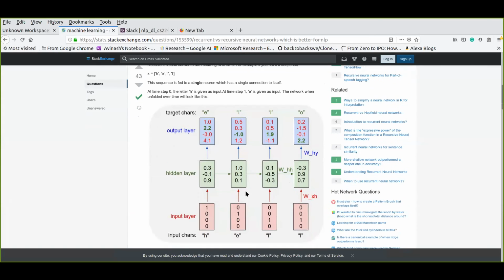We have a recurrent neural network here, where for every letter, we have 4 letters, HELL, and we take the character embedding for each of these letters and pass them to the hidden state, and it generates its own output state, and the hidden layer's output is passed to the next hidden layer. So this is what we have in a recurrent neural network.